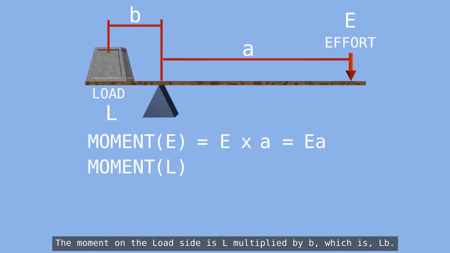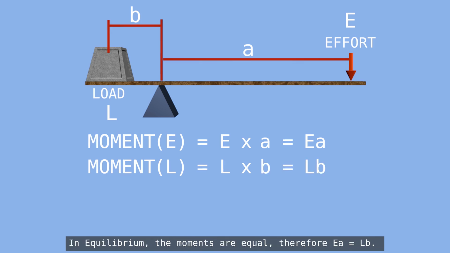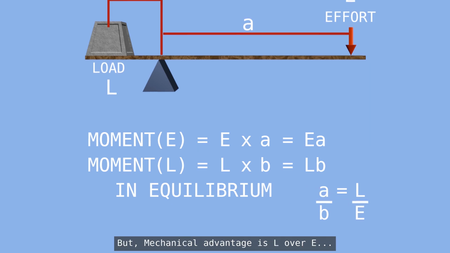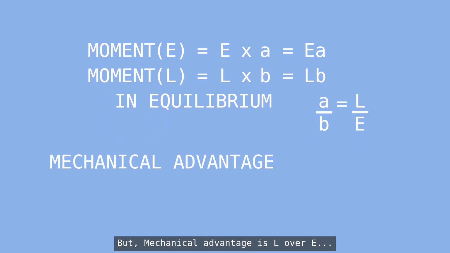The moment on the load side is L multiplied by B, which is LB. In equilibrium, the moments are equal, therefore EA equals LB. If we cross multiply, then A over B equals L over E. But mechanical advantage is L over E, which we've just seen is also A over B.